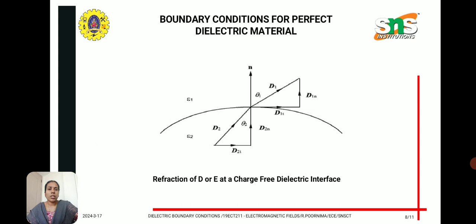Here we are considering the refraction of vector D or E at the charge-free dielectric interface. When it enters from medium 2 to medium 1, refraction occurs.